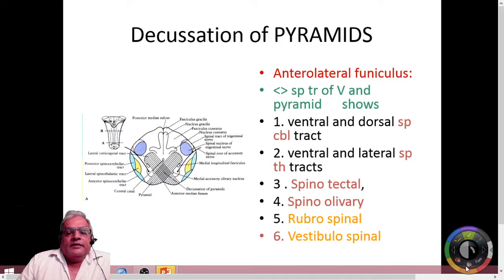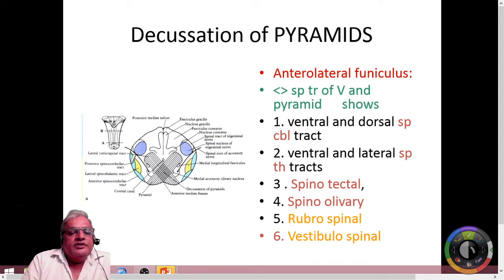Now, what happens to the anterolateral funiculus, which lies between the spinal tract of the trigeminal and the pyramid? Here it shows the ventral and dorsal spinocerebellar tracts, that is what we had before. The ventral spinocerebellar tract is also called the anterior spinocerebellar tract.